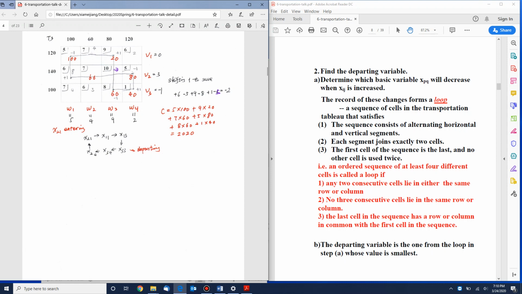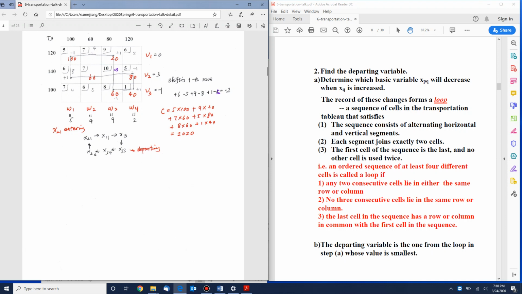Here we increase one in cell 2-1, and this costs $6, but we decrease in cell 1-1, so that reduces 5, and then plus 9, then minus 5, then plus 1, and then minus 8.